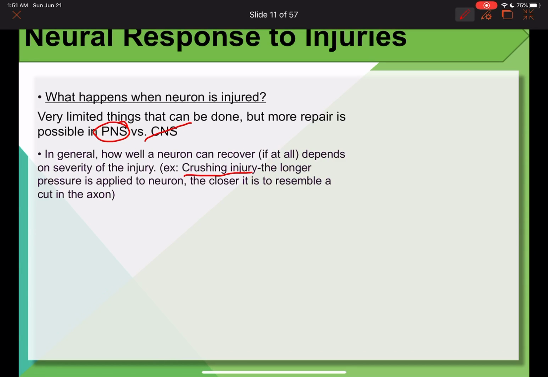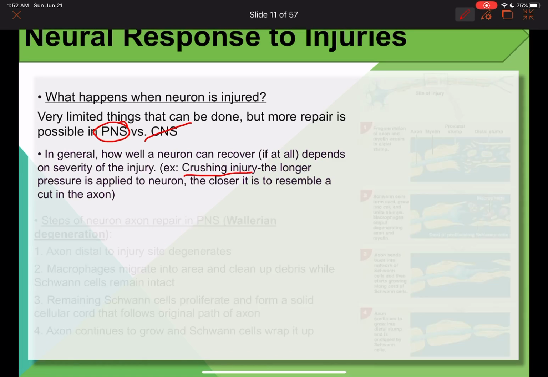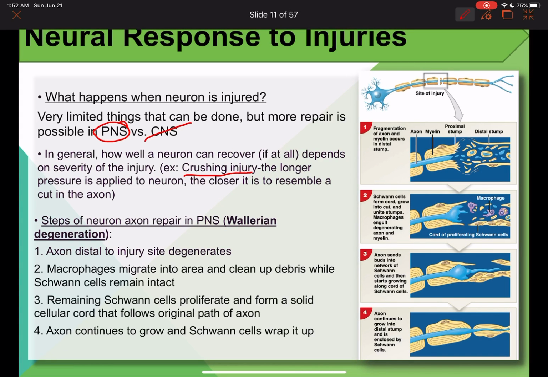And the longer that pressure is applied to the neuron, the closer it is that it will resemble a cut in the axon. So the severity of the neuron injury can be associated with how long it takes for that person to get help or relieve the pressure from their leg or arm or whatever it is that's trapped under pressure.